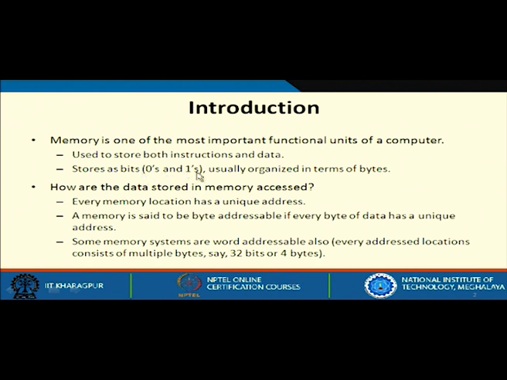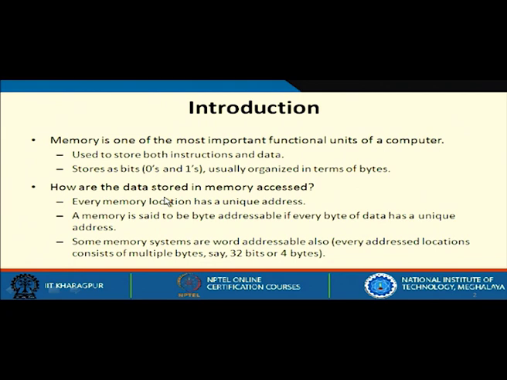As we have already seen how we encode an instruction with bits of zeros and ones, in the memory location, when we say we store both instructions and data, those instructions and data are organized in bits of zeros and ones, and they are usually organized in terms of bytes. We will see here how the data stored in the memory is accessed.